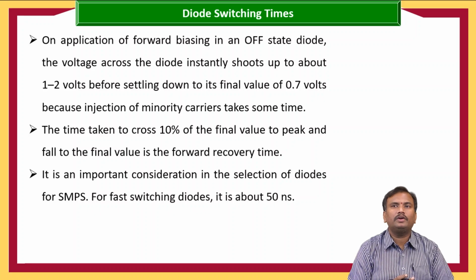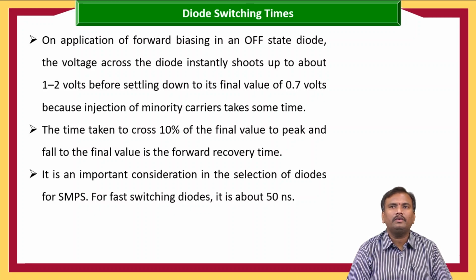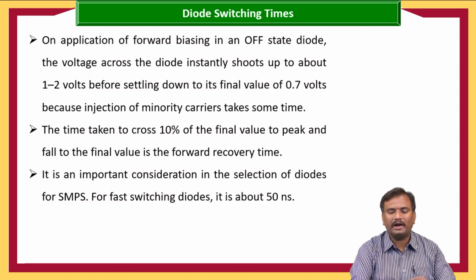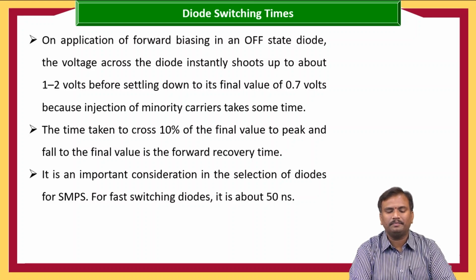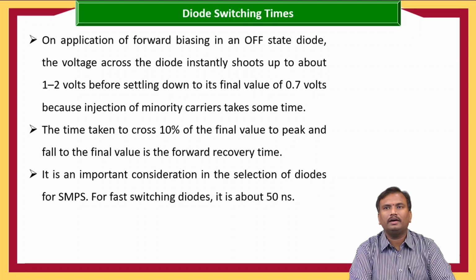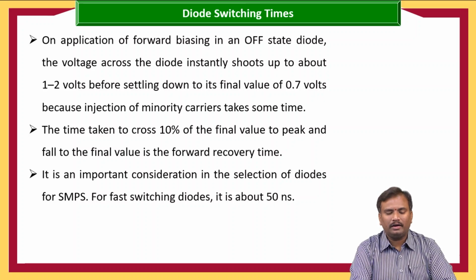This is our cut-in voltage to turn on the diode, but injection of minority carriers takes some time. The time taken from 10% of the final value, to the peak, and to the final value is called forward recovery time.